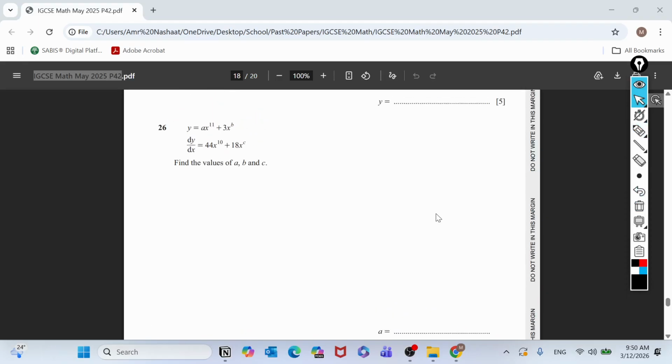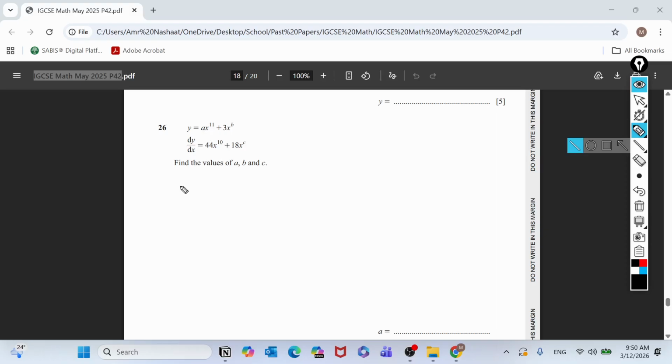Find the values of A, B, and C. Okay, we'll find the values. So y is equal to ax to the power of 11 plus 3x to the power of b, and then you derived it and you got that.